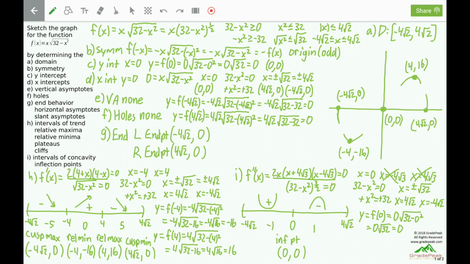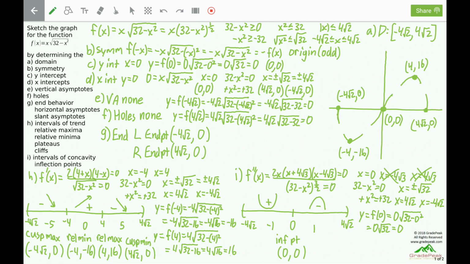It'll be vertical at first, then it'll curve from there, like so. And then right at the point 0, 0, the origin, we have an inflection point. To the left of it, it is concave up, and to the right of it, it is concave down. So we can indicate that changeover from being concave up to being concave down, like so.